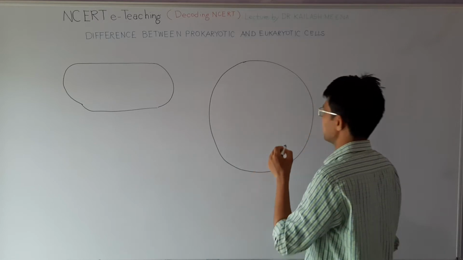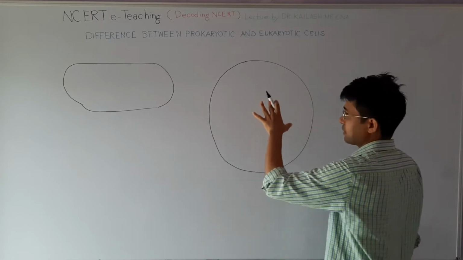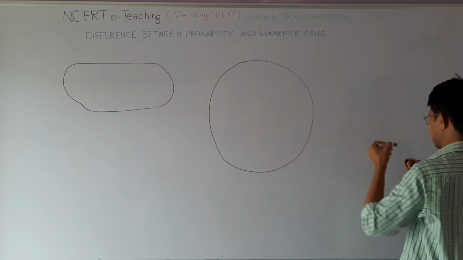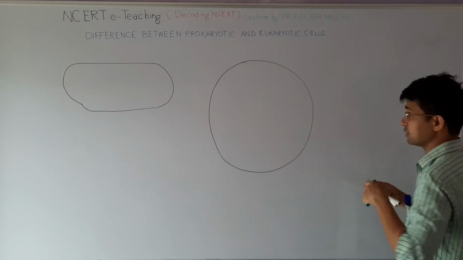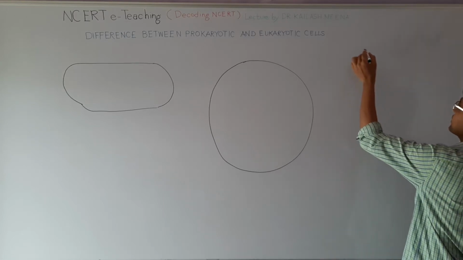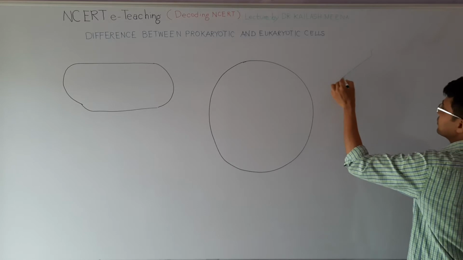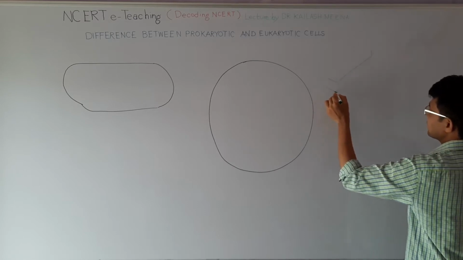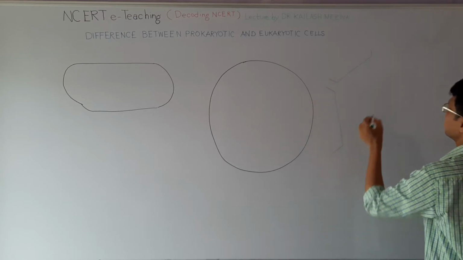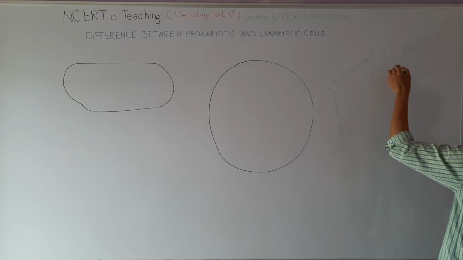So in a eukaryotic cell we have a cell membrane typically, although we have another type of cell. Let me draw that also, that will help us in better understanding of eukaryotic cells.